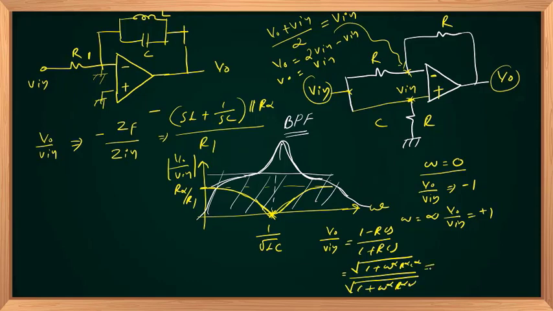So the magnitude is always equal to 1. So this circuit acts as an all pass filter, and its output phase with respect to input phase varies between minus 1, which implies 180 out of phase, and plus 1, which is 0 phase shift. So phase varies from 0 to minus 180, and magnitude always remains at 1. So it's an all pass filter circuit.